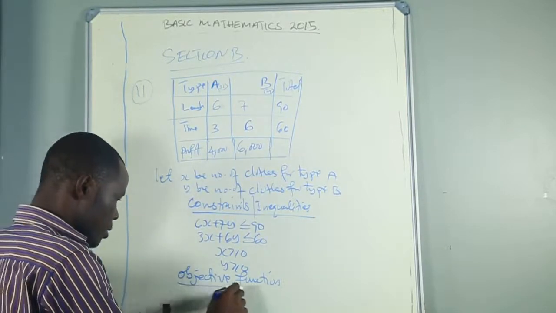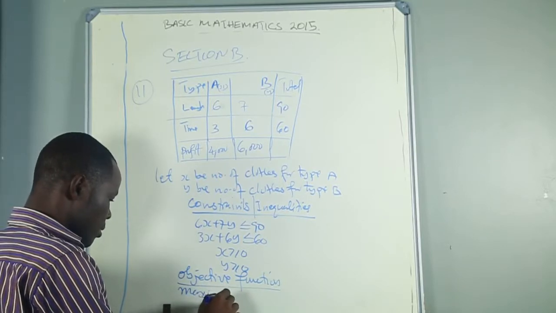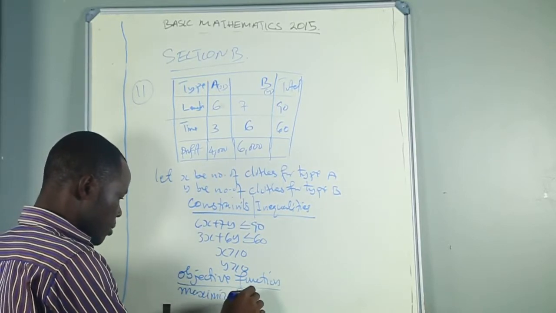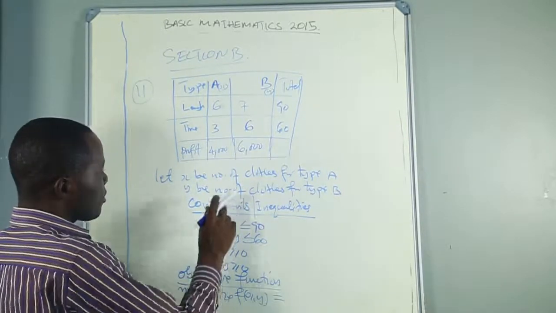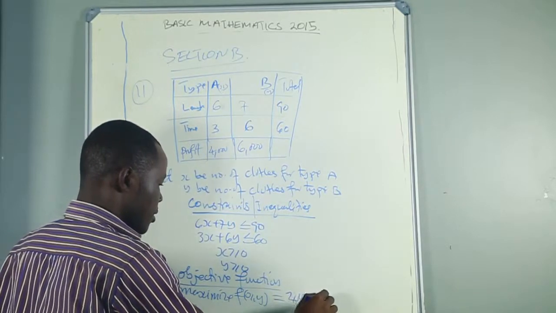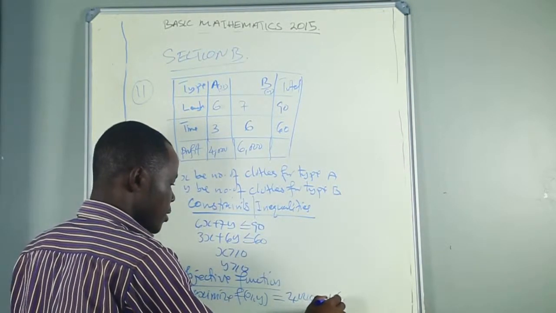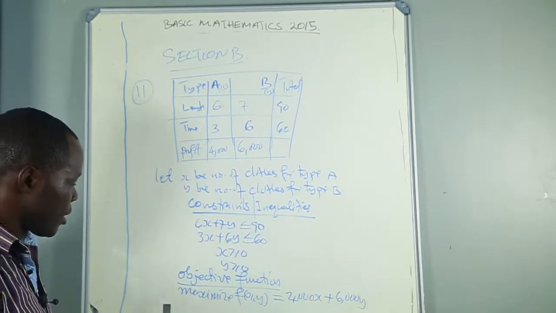So maximize f of x, y, such that 4,000x plus 6,000y. This is our objective function, to maximize the profit.